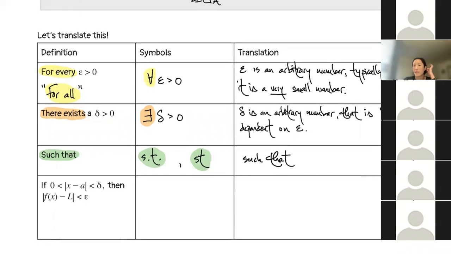All right. So for every epsilon greater than 0, there exists a delta greater than 0, such that if 0 is less than the absolute value of x minus a, which is less than delta, then the absolute value of f of x minus L is less than epsilon. Okay.